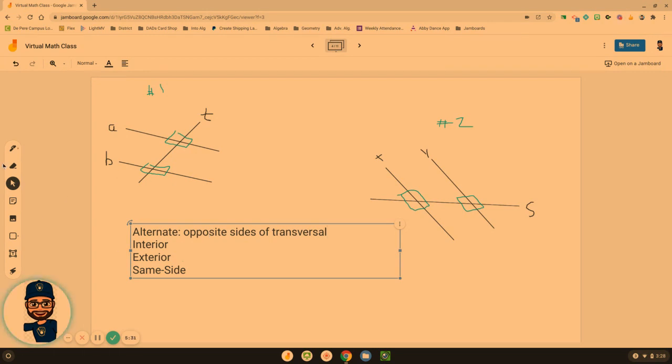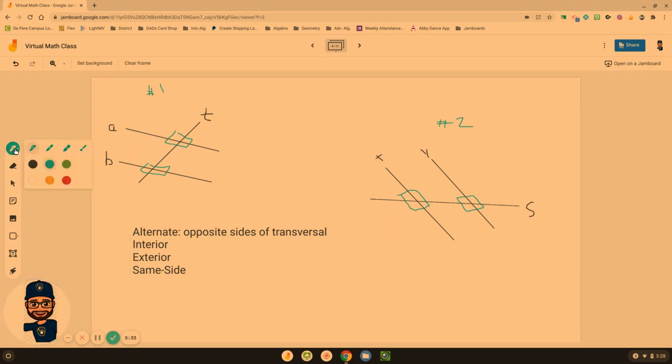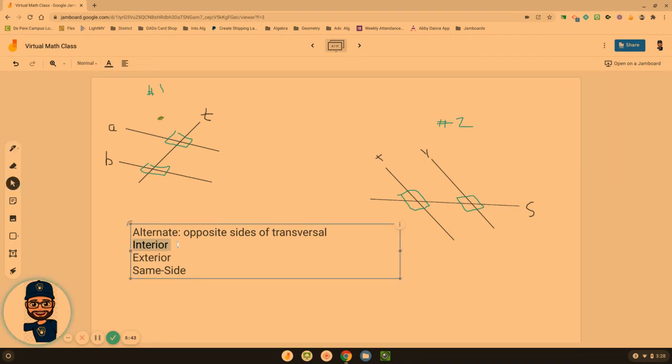So if I look at, let's just say, this angle up here on the top, this is on the left, so an alternate would be any of the angles on the right. Interior refers to in between the lines. And I'm going to put in between the parallel, even though we don't know that they're parallel.